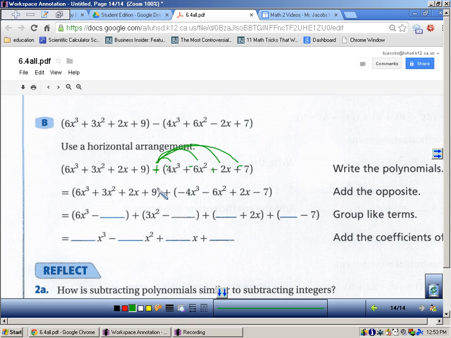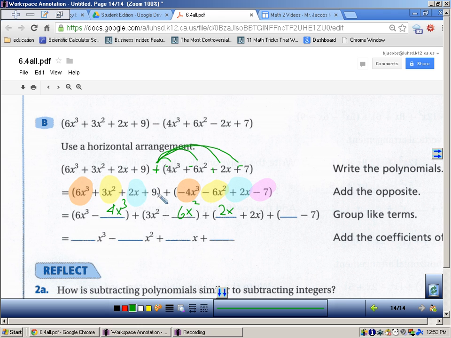Now, with that said, let's identify our grouping. Okay. So 6x to the third is grouped with negative 4x to the third, or minus 4x to the third. 3x squared minus 6x squared. 2x is grouped up with 2x.